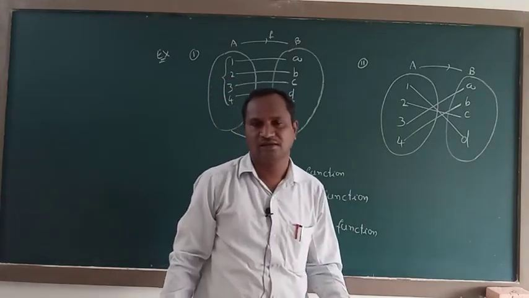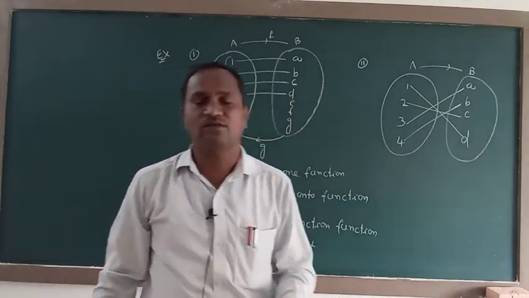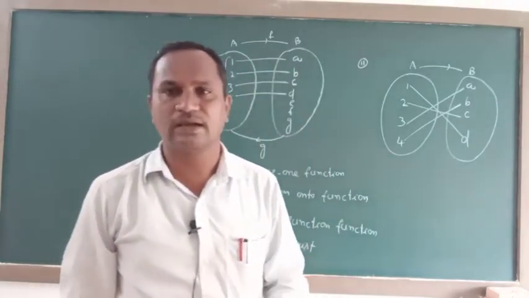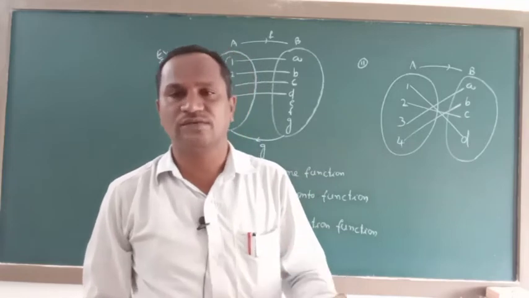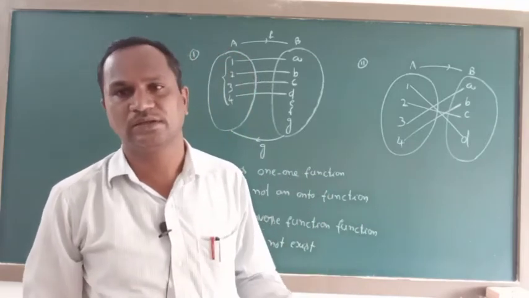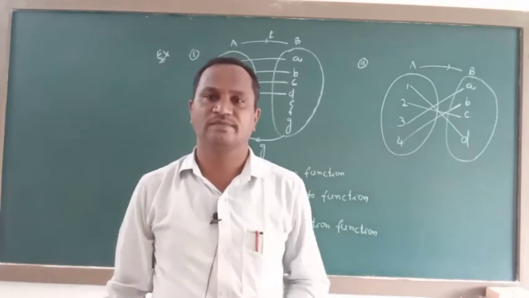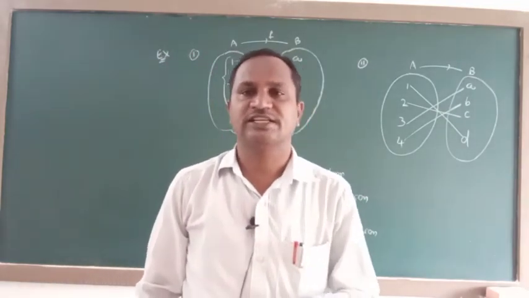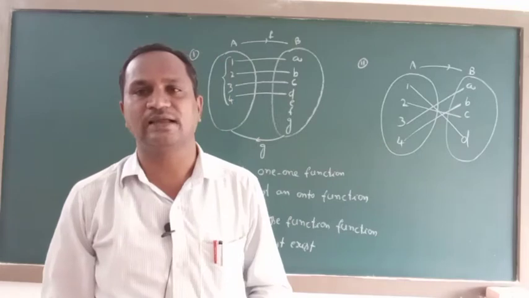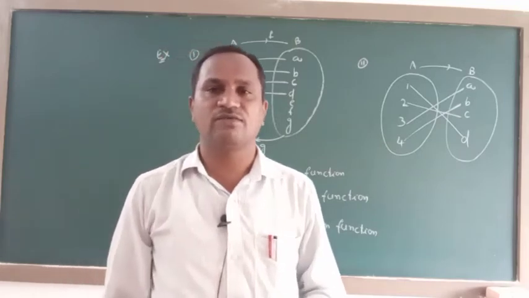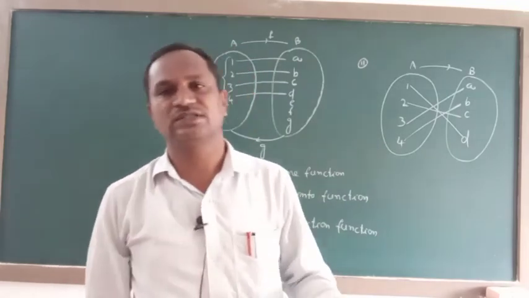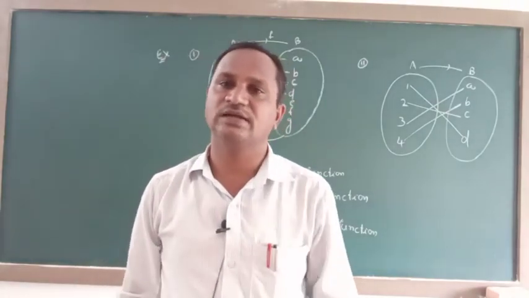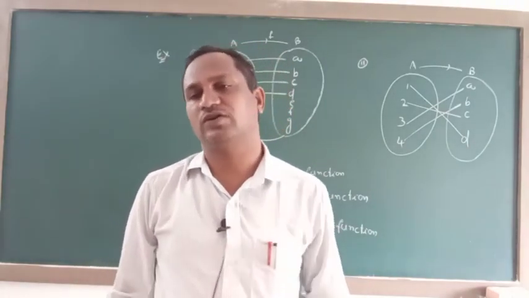But in the case of 1-1 or injective function, the different elements of domain capital A are associated with different elements of codomain capital B. Distinct or different, both give the same meaning here. In some textbooks, distinct will be used. When the distinct elements of domain A are associated with distinct elements of codomain B, we can tell f is said to be 1-1 function.